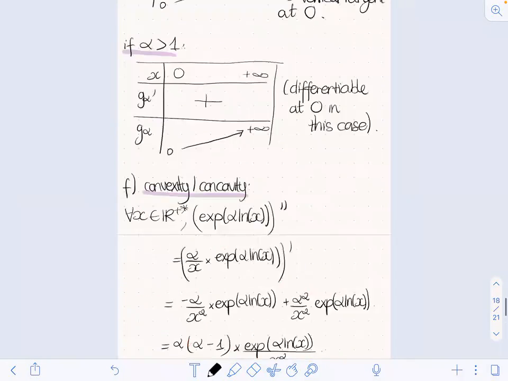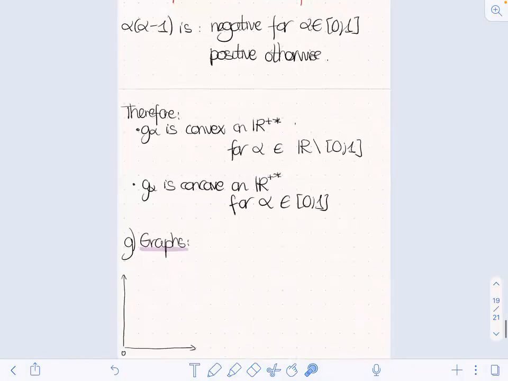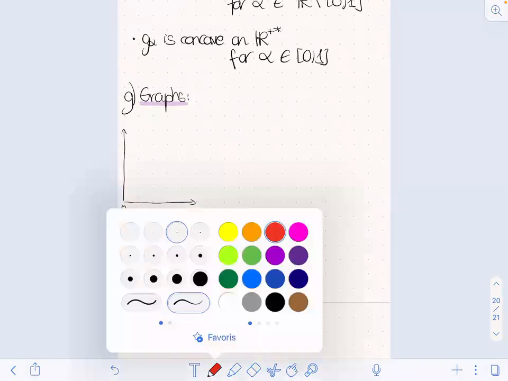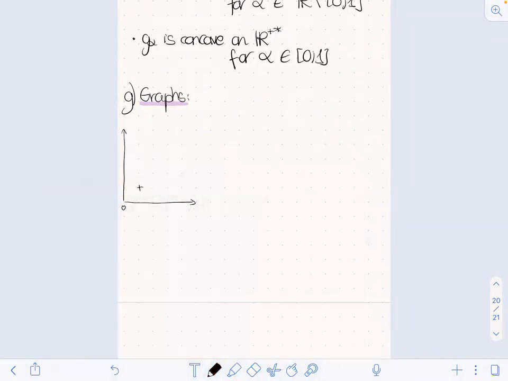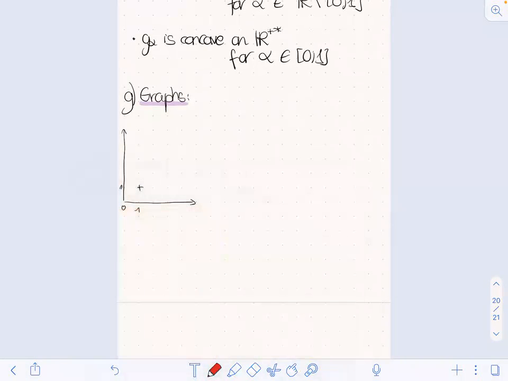If we take a look at the variation table, we can see that the function decreases from plus infinity to 0, and it's a convex function. In fact, the behavior is something like this. So at 1, the function is equal to 1, because 1 to the power alpha, even if alpha is negative, gives you 1.